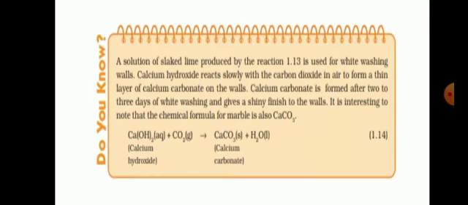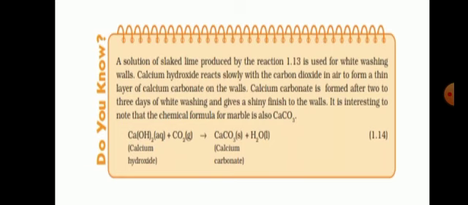So let's see some fact check here. A solution of slaked lime produced by the reaction 1.13 is used for whitewashing. You can see the uses of slaked lime here, that is calcium hydroxide, which we use for whitewashing the walls.